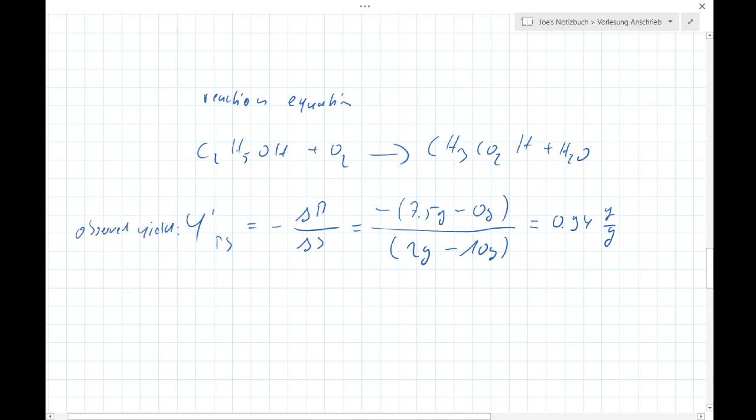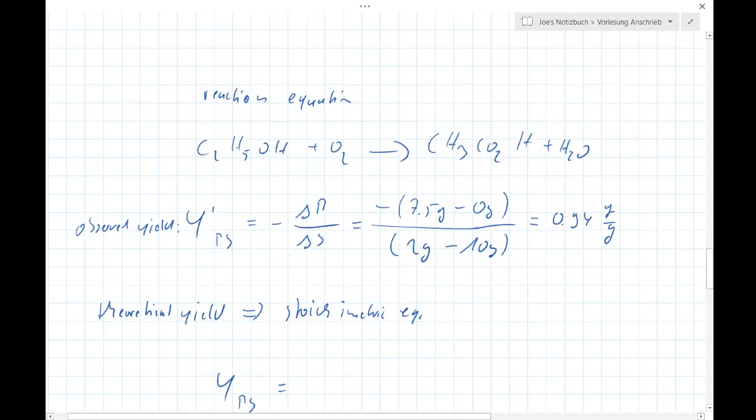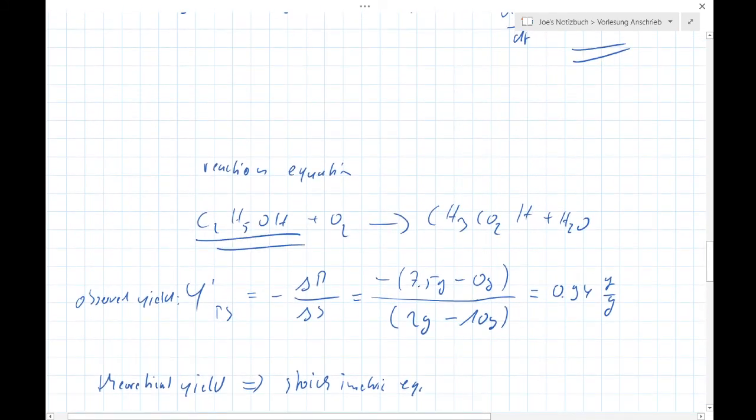And now we have theoretical yields. This we take from the stoichiometric equation. Now let's come to the yield, YPS. Based on this equation, of course, 1 mole of ethanol is used to produce 1 mole of acetic acid.